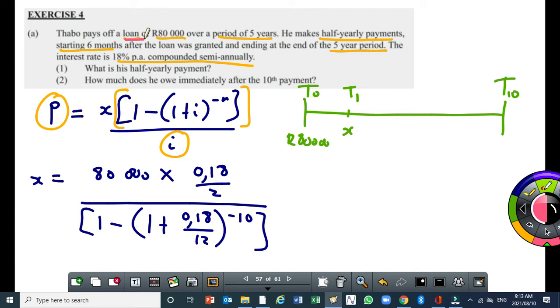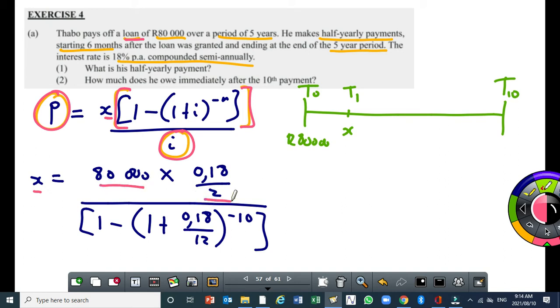Now, in order for me to calculate X, you have to multiply this I by P first. The product that you get, you need to divide it by everything inside the square bracket. You understand that part? We want to calculate X, right? So I put my X here, then 80,000, which is the amount that was borrowed.